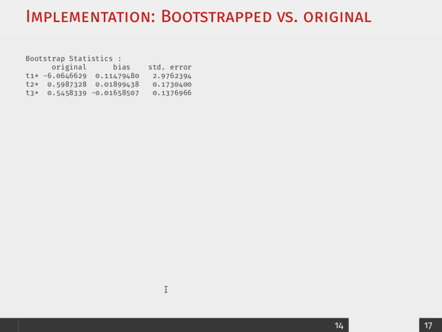So we're still going to calculate our t-statistic. We're still going to find out whether or not that estimated coefficient is statistically reliable based on the p-value that we would have gotten from the normal test statistic that we would have run. But we're also going to get back our answers from the bootstrap samples.